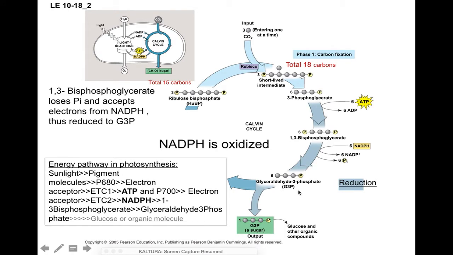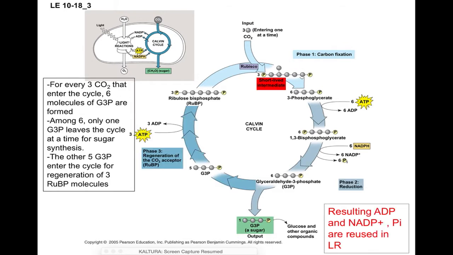It is very important. Coming to the third stage of the Calvin cycle, which is regeneration of the carbon dioxide acceptor, which is RUBP sugar. How is RUBP regenerated? So many Calvin cycles are taking place like this.